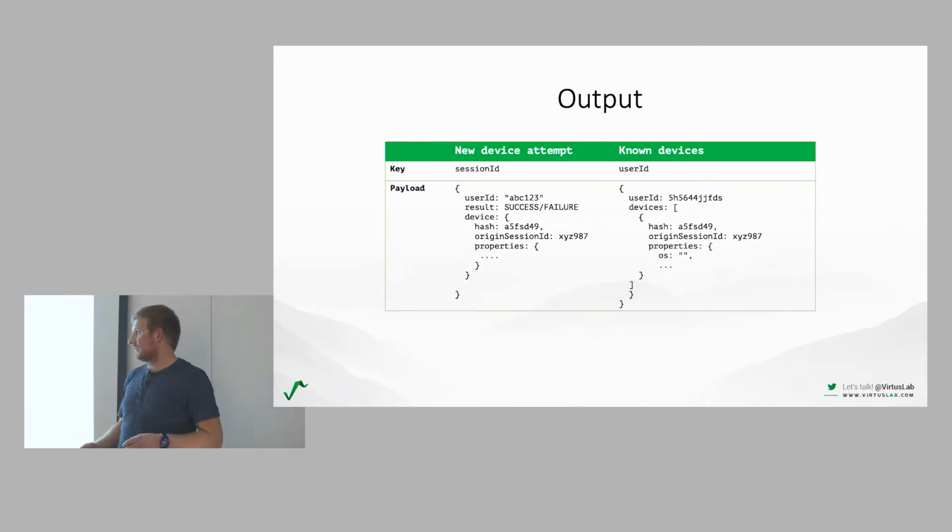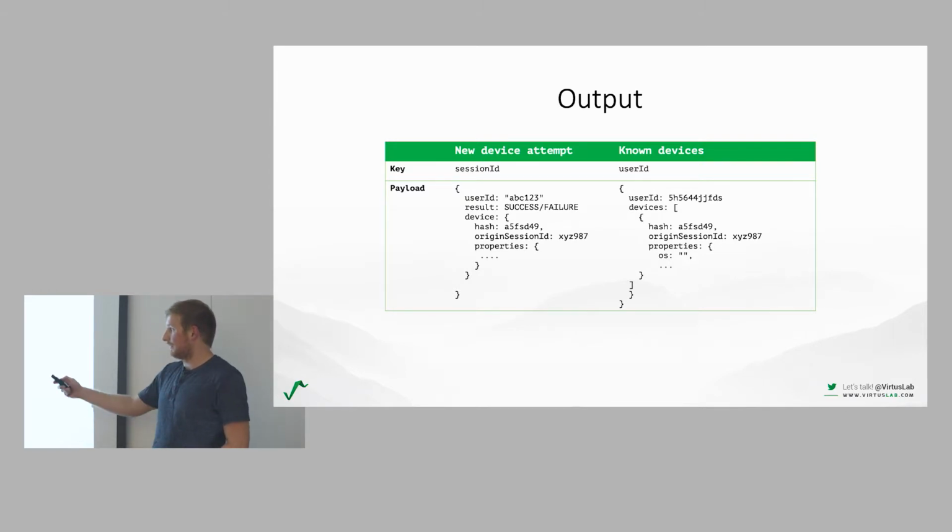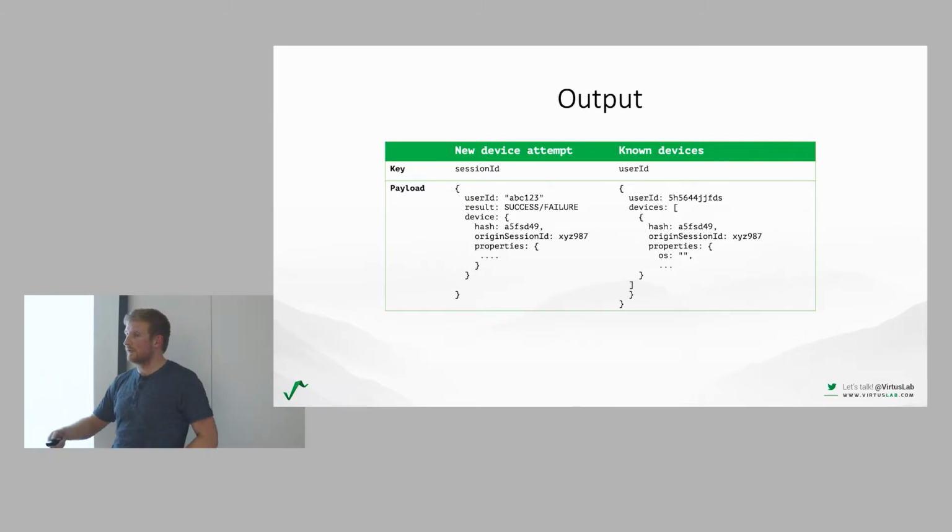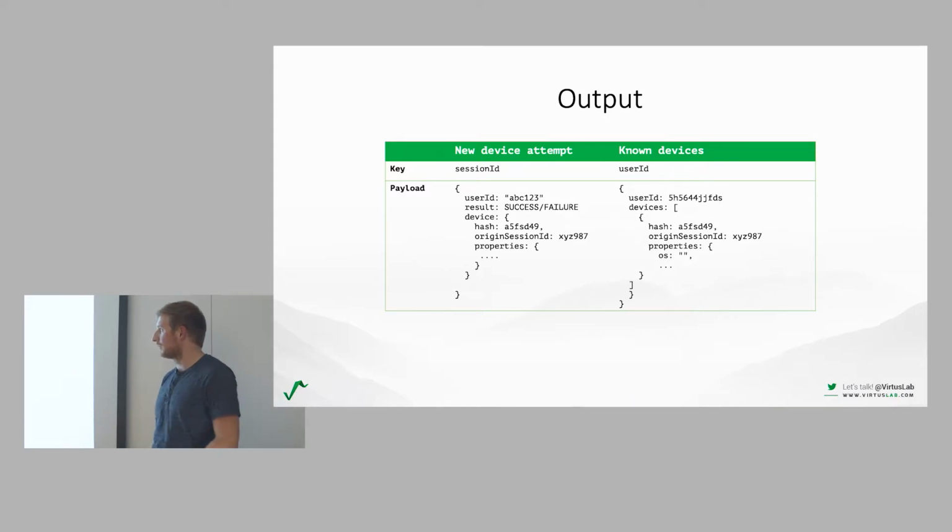So new device attempt, which is just a bit restructured input event. It has a key of session identifier. It contains user ID, result and device metadata with addition of the hash that we will calculate in the process of stream processing in our pipeline. We also have known devices aggregate, which is keyed by user ID, and it just contains collection of devices used by a particular user.